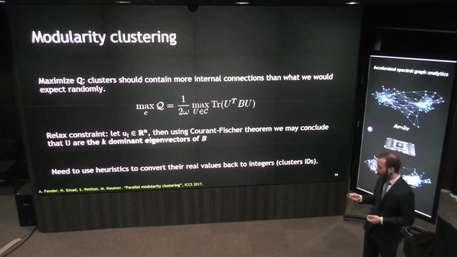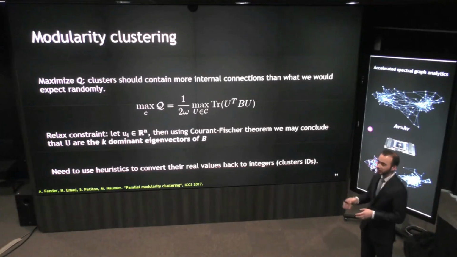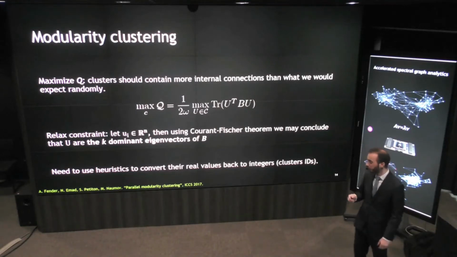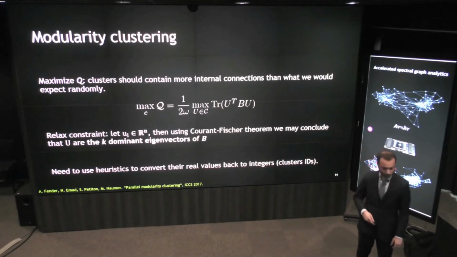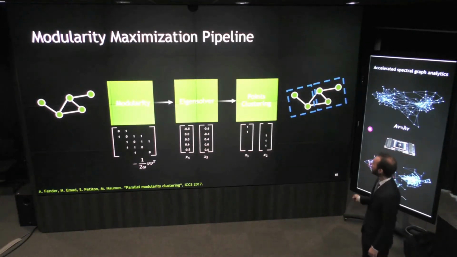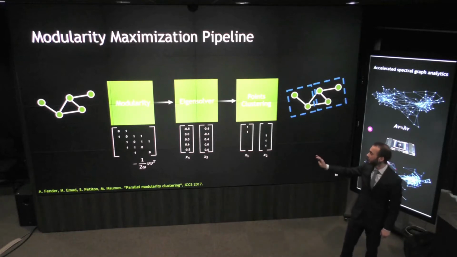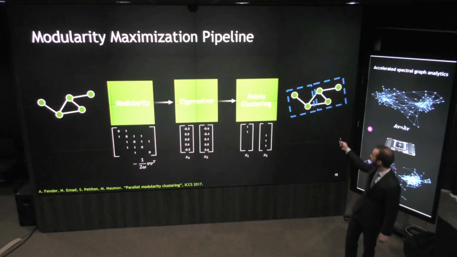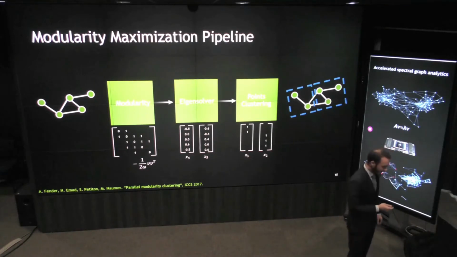This is done with k-means clustering. We simply see the eigenvectors as multidimensional points, and we cluster those points. So here is an overview, just to make sure it's clear. We form the modularity matrix, then we solve the eigenproblem, then we cluster the eigenvectors, and finally we have our cluster assignments.